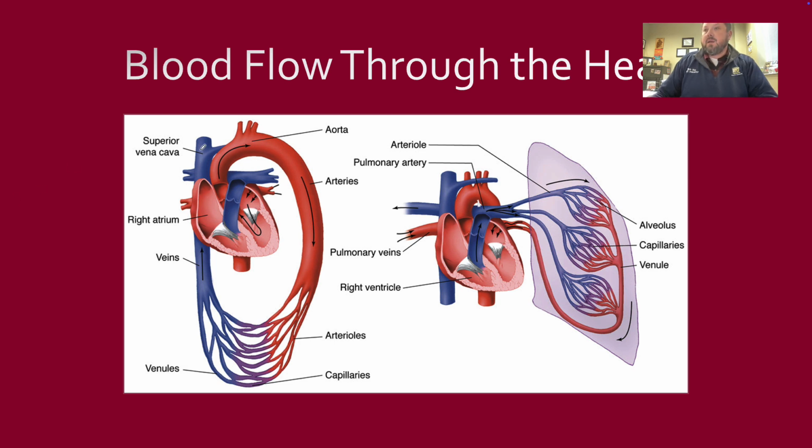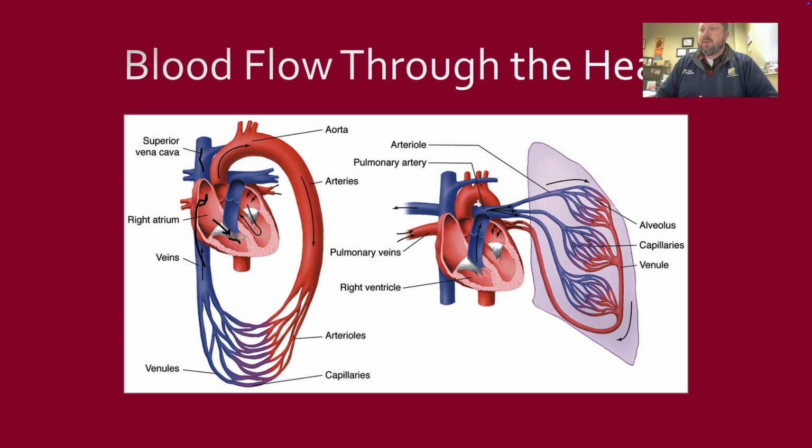Blood returns from the superior vena cava and the inferior vena cava into the right atrium. The right atrium then contracts and pushes blood through the tricuspid valve. The tricuspid valve will then close and blood will be in the right ventricle.